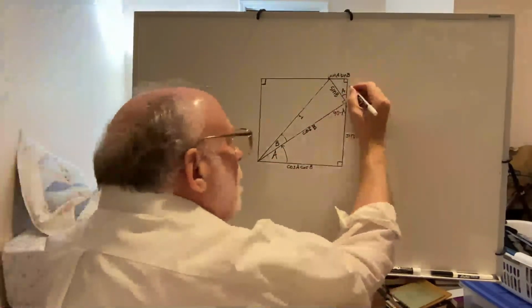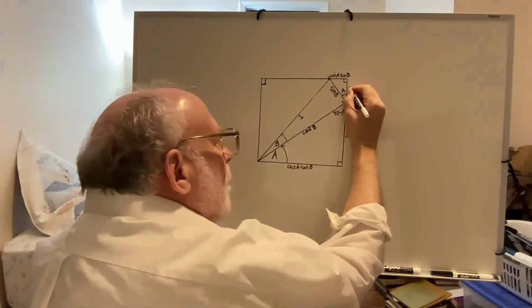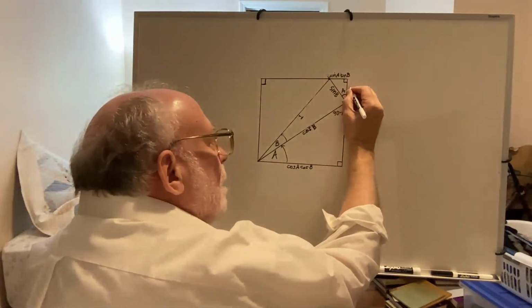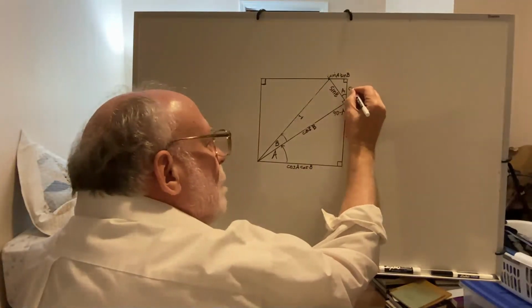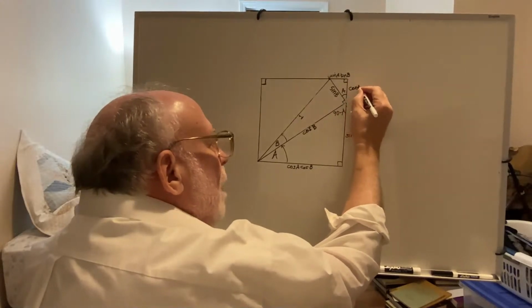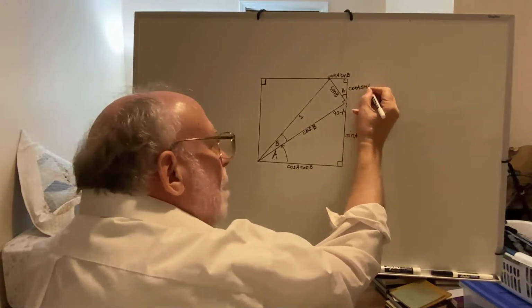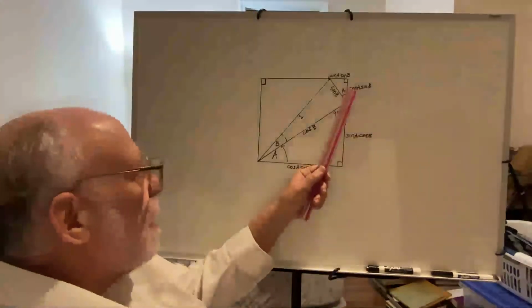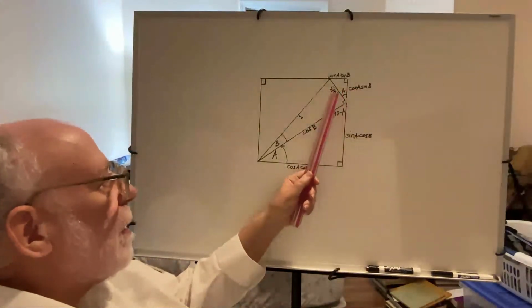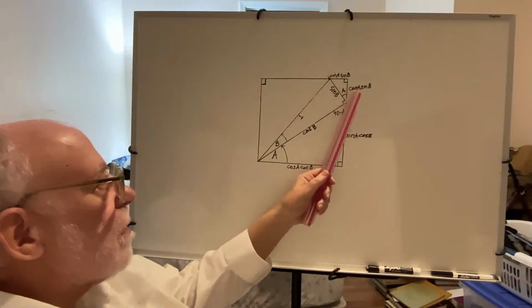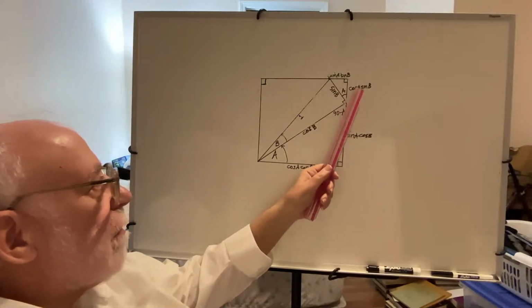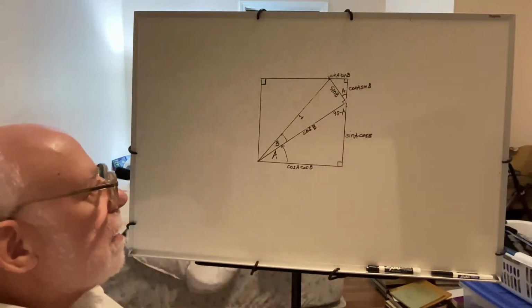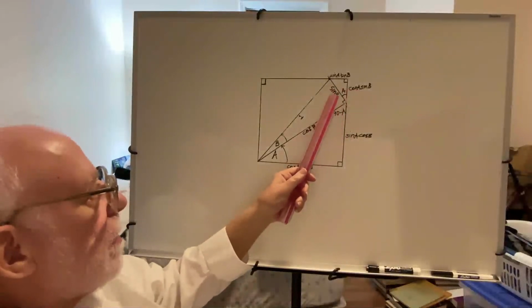And this over here has to be cosine of A sine B, because this adjacent to A over hypotenuse has to divide out to cosine of A, adjacent over hypotenuse.